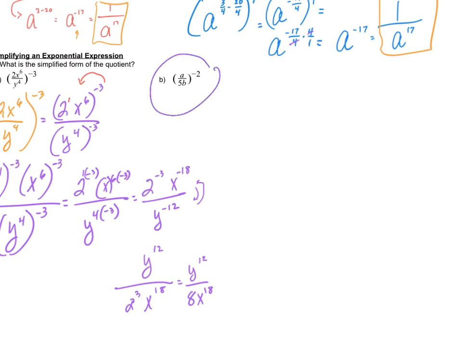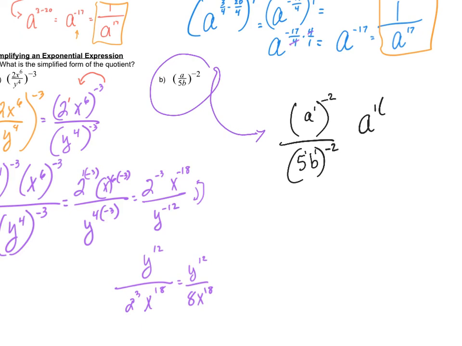And then this one, I'm going to bring over here to where I have a little bit more room. And I am going to have a to the negative second over 5b to the negative second. Remembering all my exponents there, so I have a to the first power times negative 2 over 5 to the first power times negative 2, and b to the first power times negative 2.